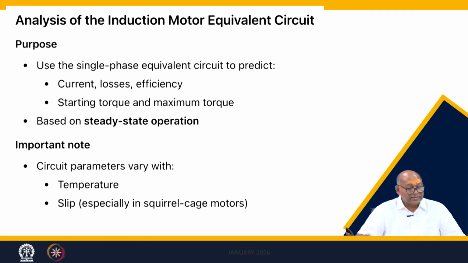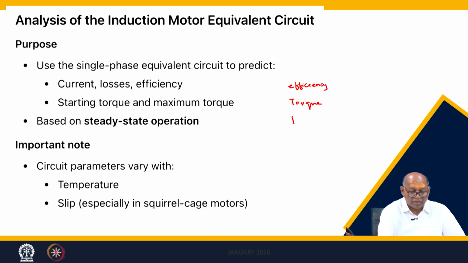We have to analyze this, and you will get two things, one is the torque, another is power, and from that we can find out the losses and efficiency. The whole idea of analyzing this motor is, one, to find the efficiency, which is very important, then torque and power. These are the three very important things in a motor.